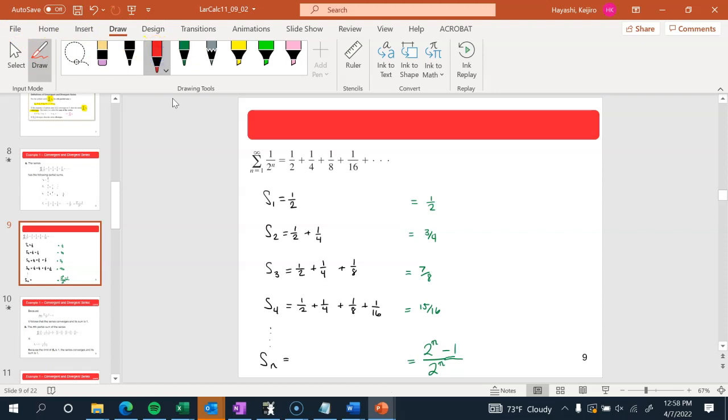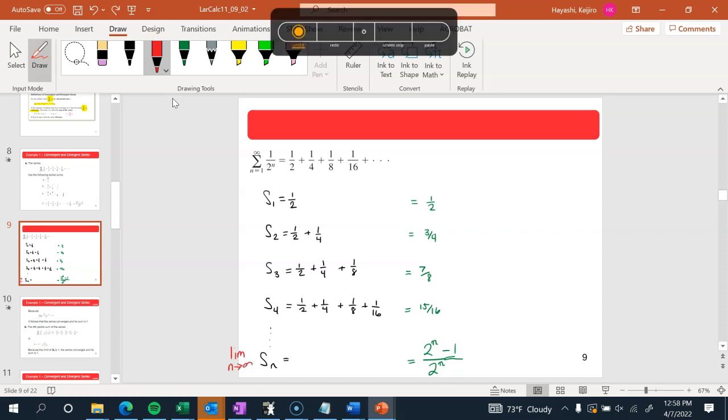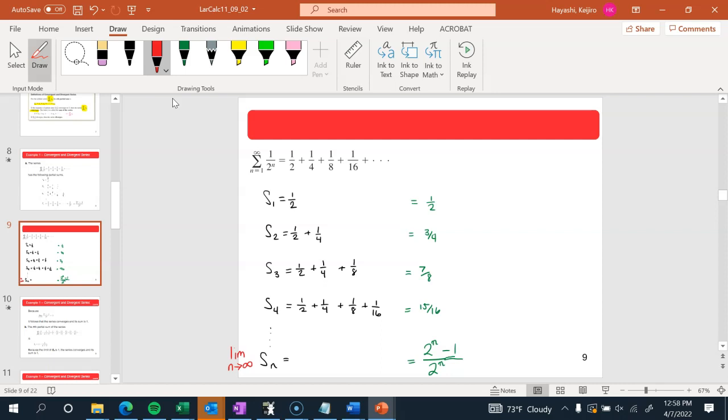So the limit of these partial sums, that is, as you take more and more terms, take the first 100 terms, or the first 1,000 terms, or the first 1,000,000 terms, the limit of these partial sums is 1.